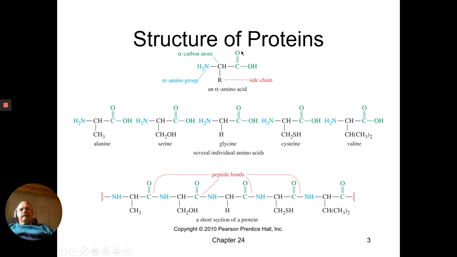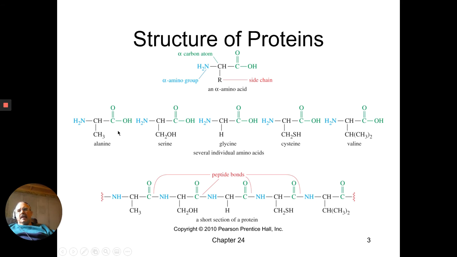Okay, so here we have a general alpha amino acid. It consists of 4 parts: the carboxylic acid group, the amino group, the side chain, and usually a hydrogen, with one exception.